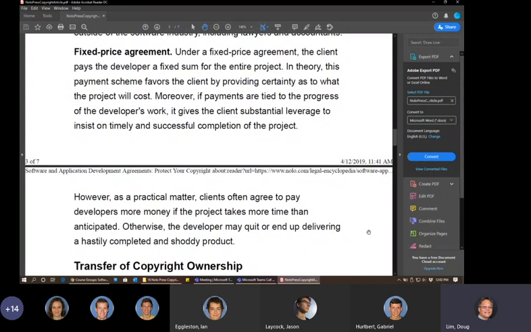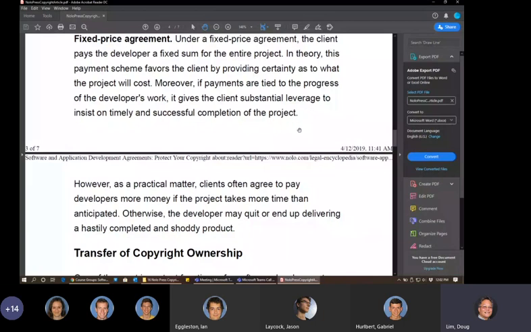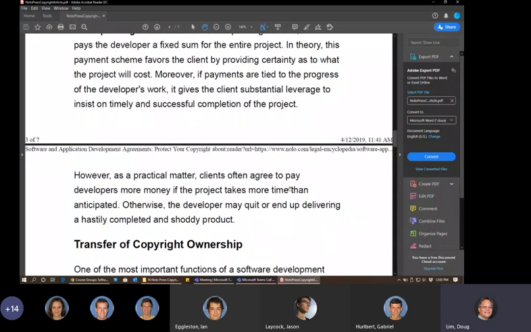This gives the client substantial leverage to insist on timely and successful completion of the project because it's a fixed price. But as a practical matter, clients often agree to pay developers more money if the project takes more time than anticipated. Otherwise, the developer may just back out and quit without the client getting anything.